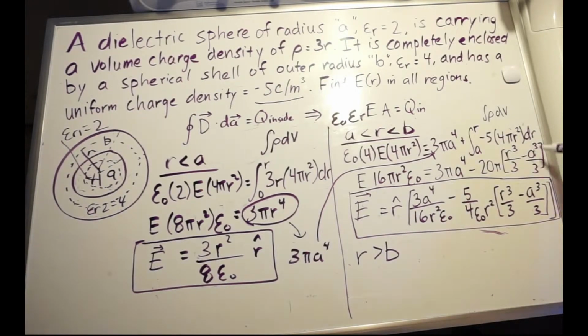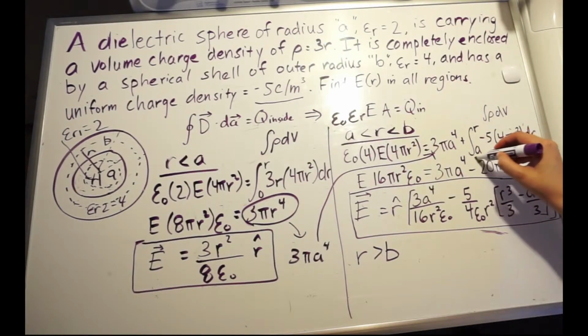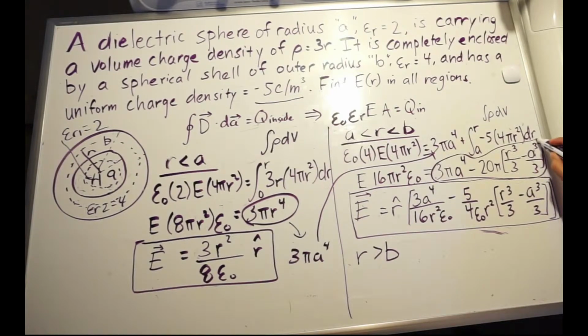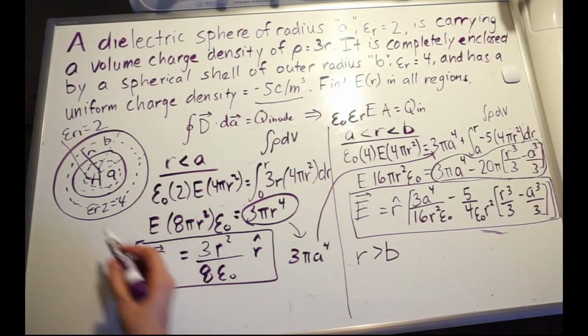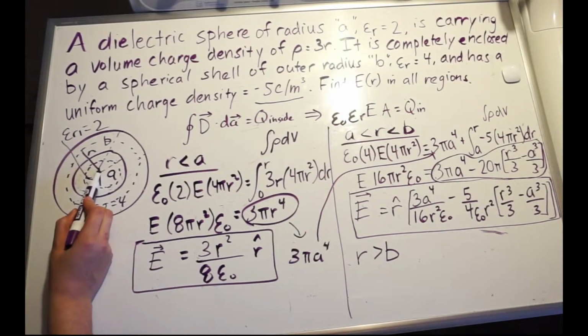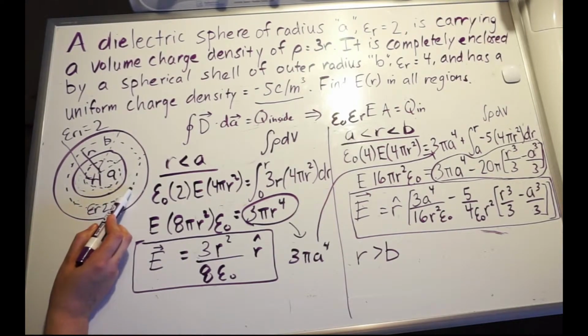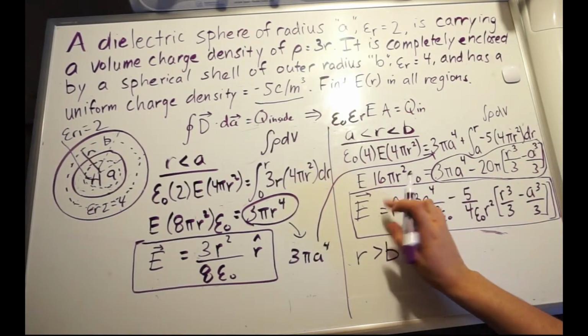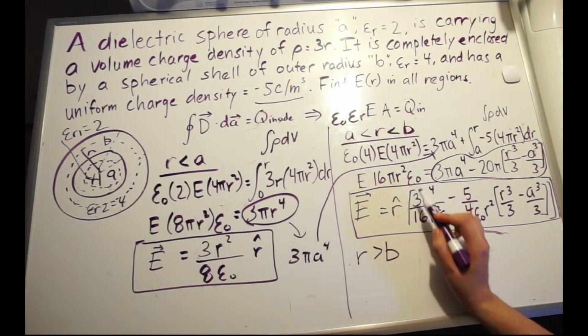Okay, so again, this is the total charge enclosed from the center to this second Gauss surface, between A and B. If we simplify, we take the right hand side of our equation and divide by the left hand side, the 16 pi r squared epsilon naught.